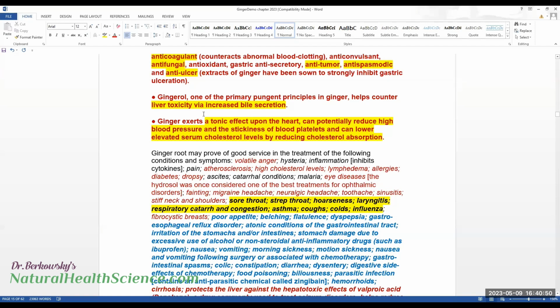So if you're concerned, well, what do I do for buildup of toxins in my liver? One of the things that I'm dealing with in some of the folks that I know is liver toxicity as a result of COVID. In some cases, it's due to the COVID itself.